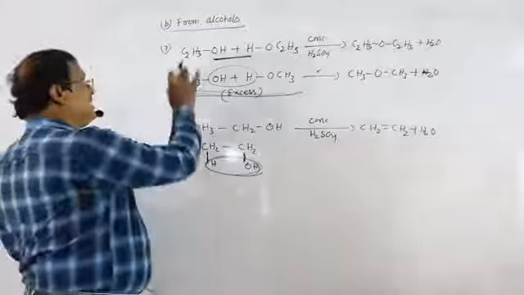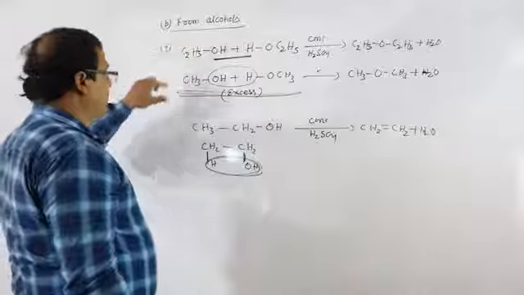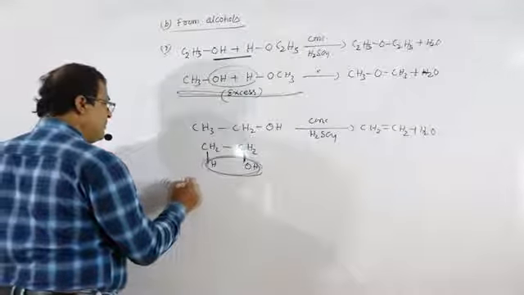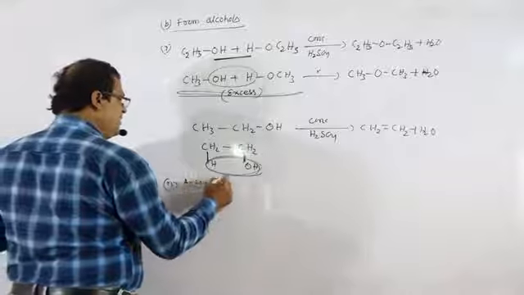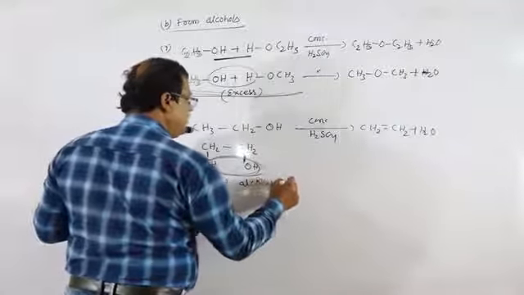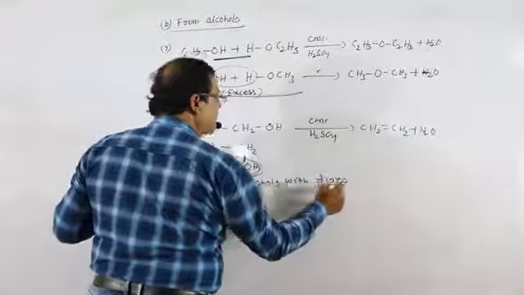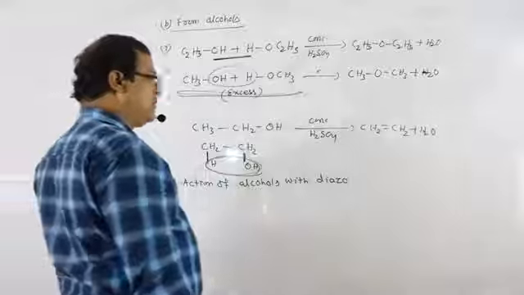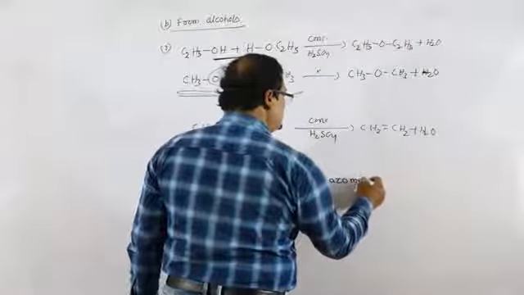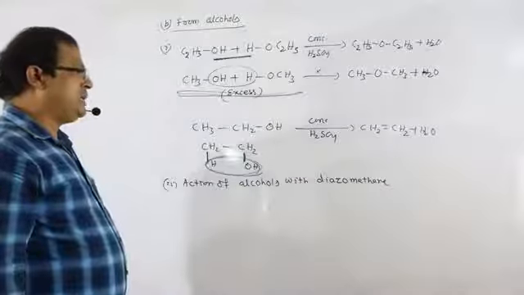Next, another method of preparation of ether from alcohol: the action of alcohols with diazomethane, the N double bond N group, CH2N2.